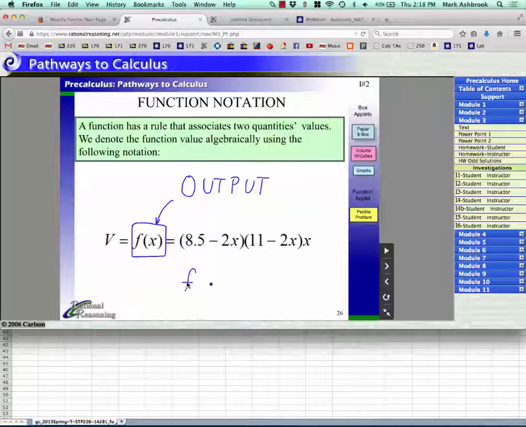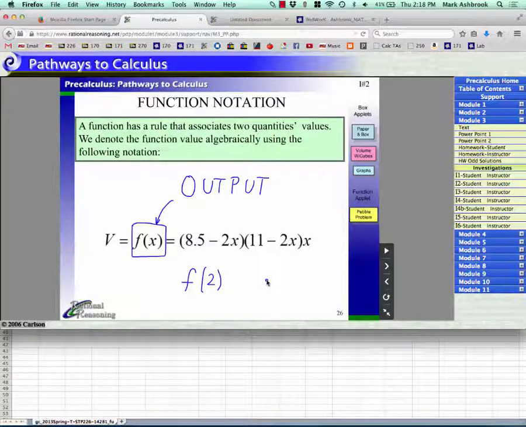So for instance, f of 2. When you see f of 2, this may conjure up the thought that I'm supposed to do something: take 2, do some kind of process, some arithmetic, and get an answer. But that's not the way I want you to think about it. F of 2 is an output.